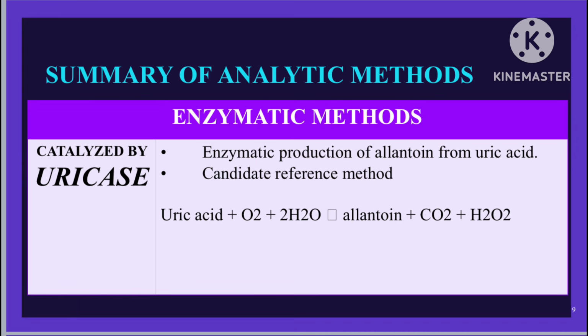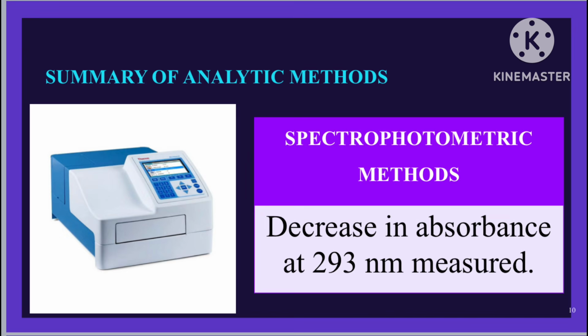The simplest of these methods measures the differential absorbance of uric acid and allantoin at 293 nanometers. And the difference in absorbance before and after incubation with uricase is proportional to the uric acid concentration. However, still, proteins can cause high background absorbance, which reduces sensitivity. Hemoglobin and xanthine can cause negative interferences as well.